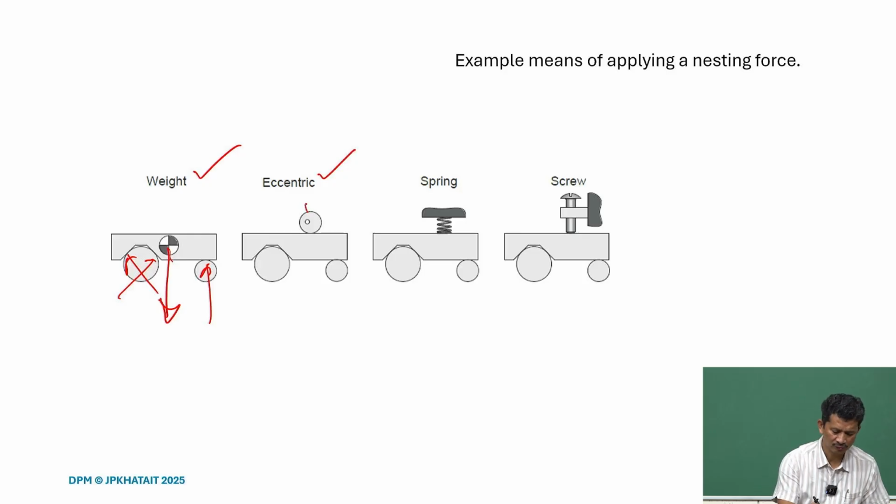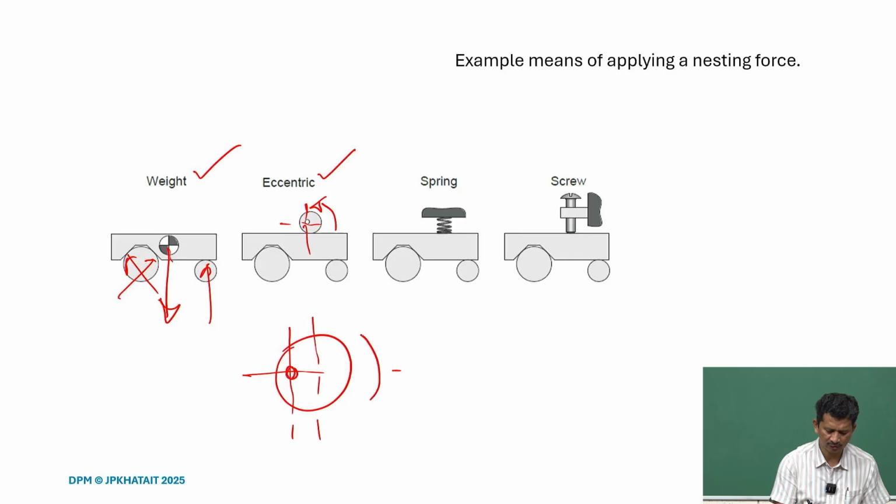So, you can see, and if you rotate, yeah. So, this is the center, but it is pivoted here. So, as we turn, we get the wedging effect and we can lock it, and again we can get the sufficient nesting force here.